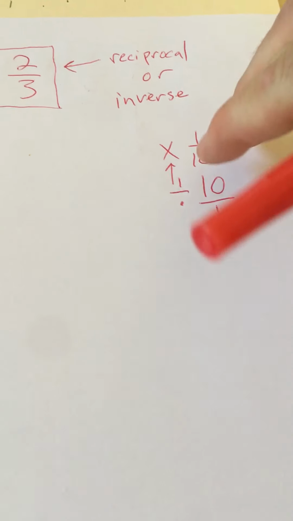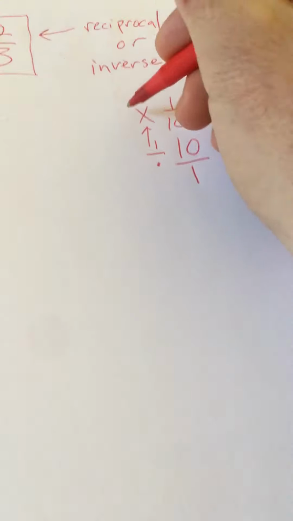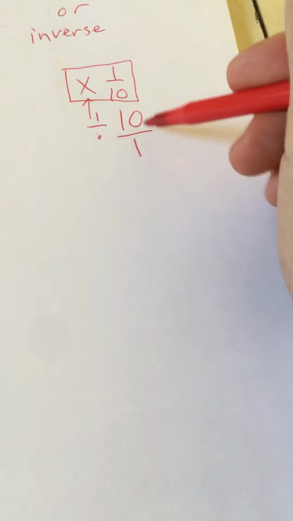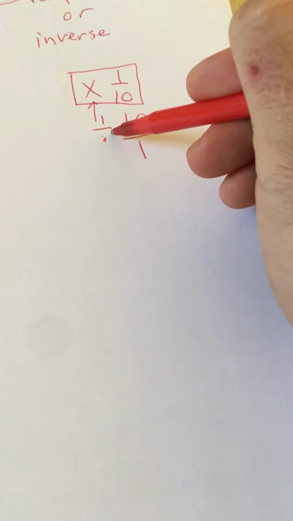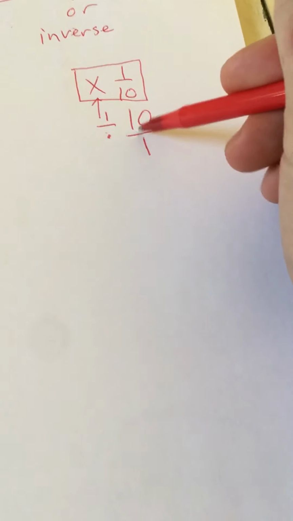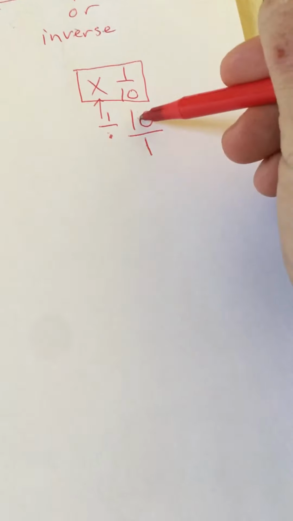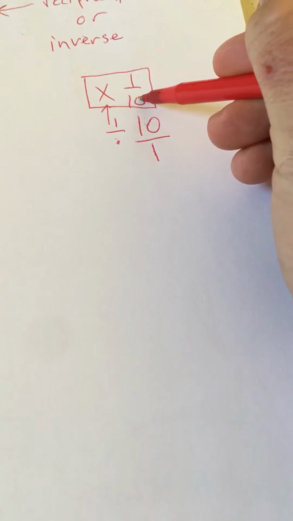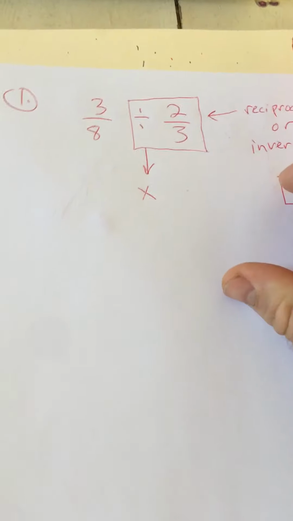You just flip it over, and multiplying times 1/10 is the same thing as dividing by 10. So you can take this division, turn it to multiplication, and flip these two. So instead of 10 over 1, you have 1 over 10, and then you're really doing the same thing. Instead of dividing by this, we're going to multiply by its reciprocal or its inverse. We're going to flip those over.